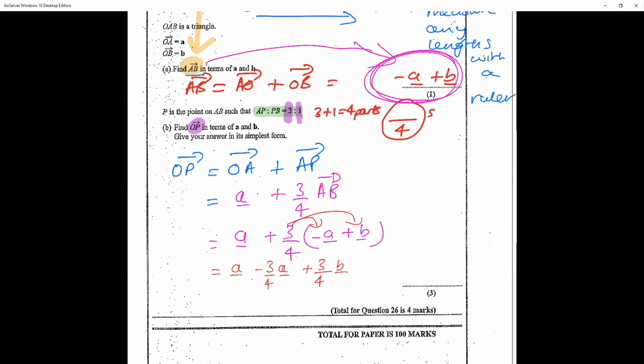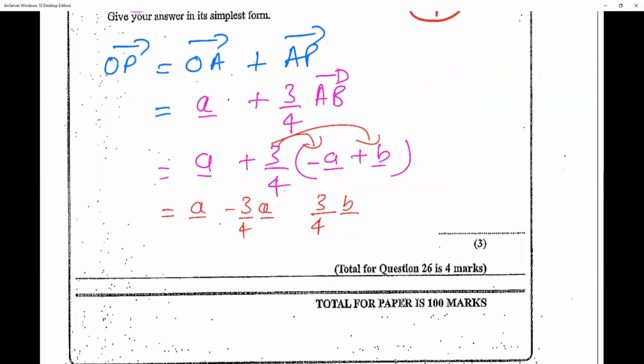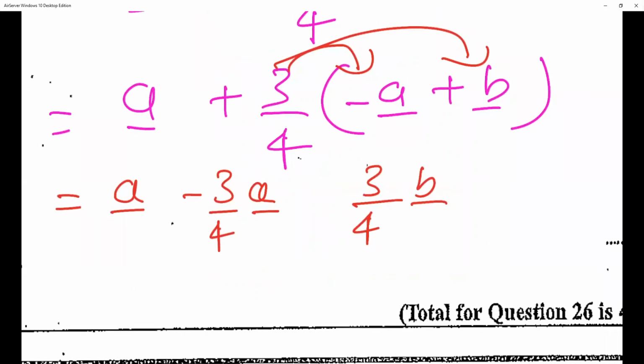Yes, I get plus 3/4 B. So you won't be sitting there in the exam, not knowing what to do. You will know exactly what to do, because you've told yourself a positive 3/4 times a positive B gives you a positive 3/4 B. So it's very important that you go through that bit in your head. Is that clear, Layla? Yeah.